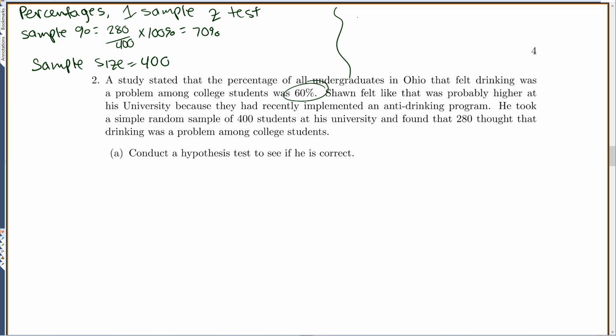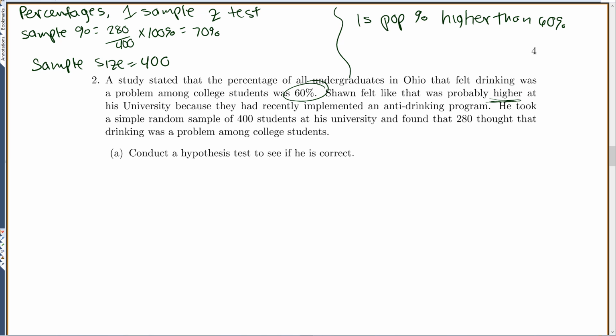So our question of interest is, is the population percentage, which he thinks is probably higher, higher than 60%? Okay. So we figured out we want a one sample z-test for percentages.